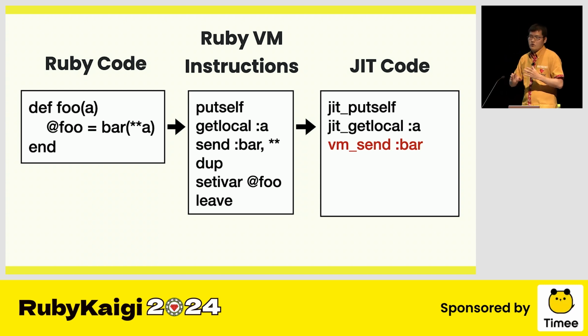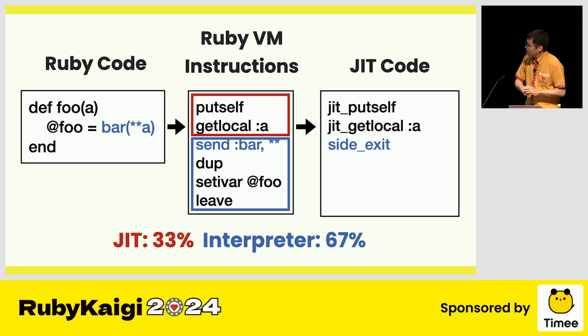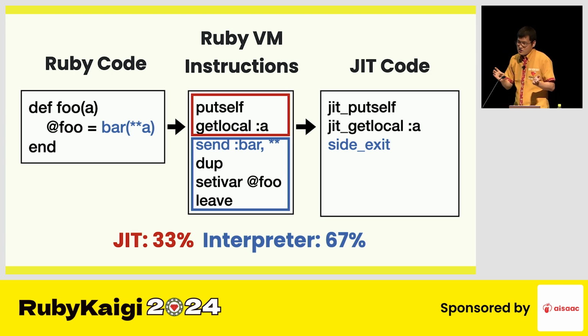So we could call back the C function that implements the send method call logic for the interpreter. What we did in 3.3 was to just call back the interpreter implementation. So if you go back to the previous slide, the send instruction was executed in the interpreter. You might wonder what is changed by calling back the interpreted implementation.